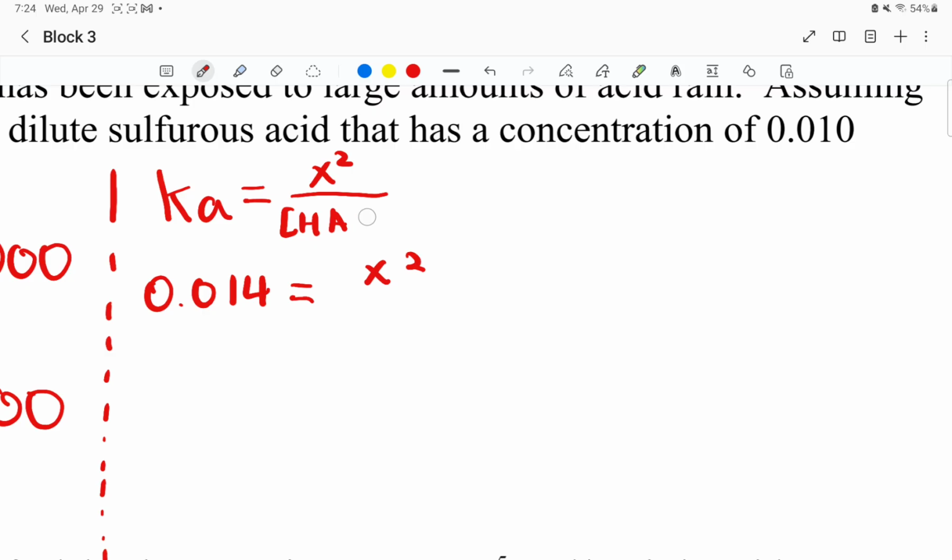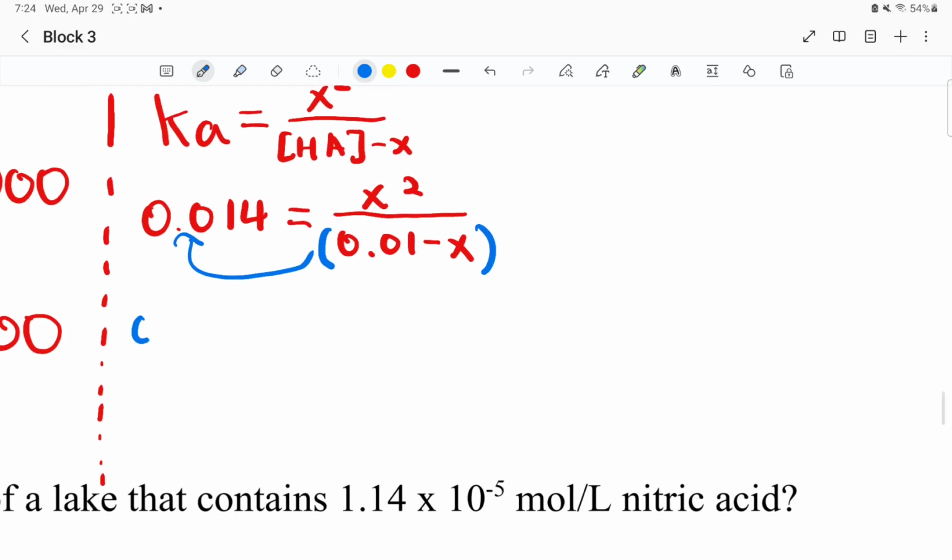Oh, and I put square brackets wrongly. This should be minus x like that. All right, so we start by bringing this up there, which gives us 0.014 times 0.01 minus x is equal to x squared.